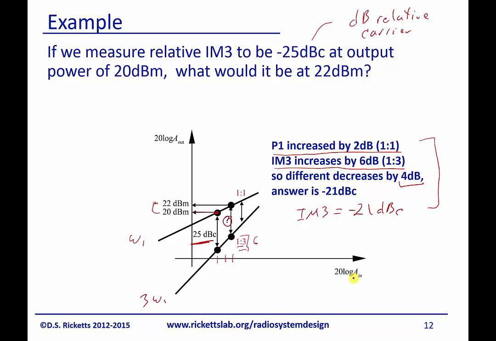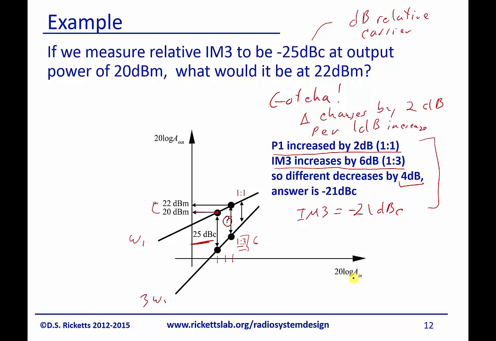Now, here's the gotcha, and I'll go ahead and write it for you. The difference, delta, changes by 2 dB per 1 dB increase.